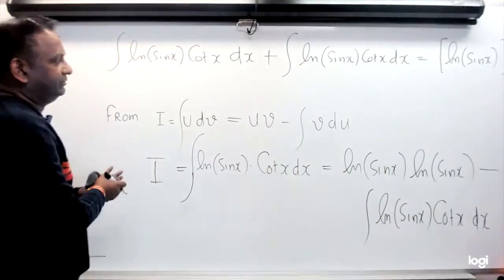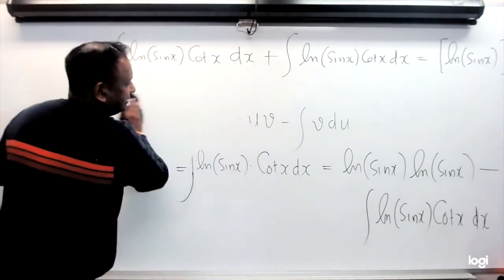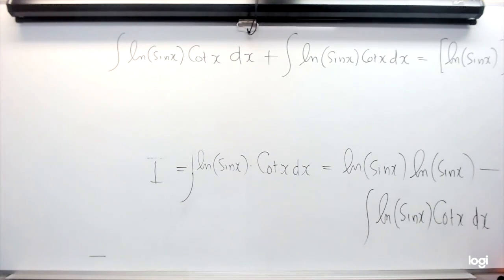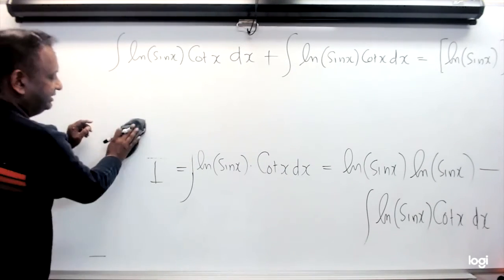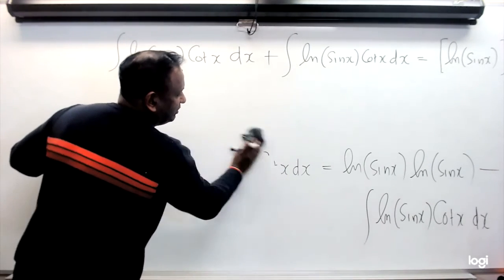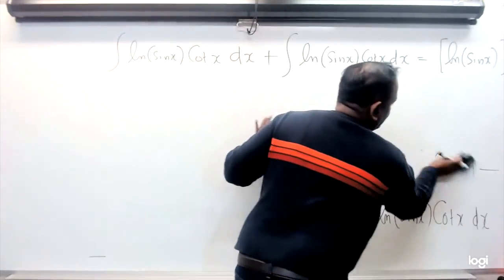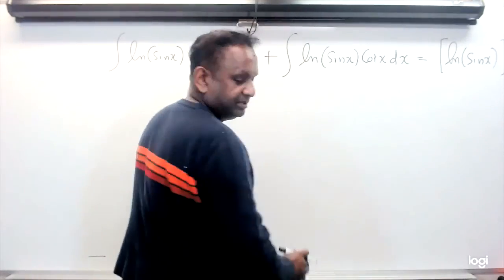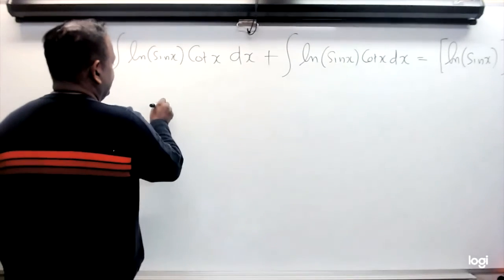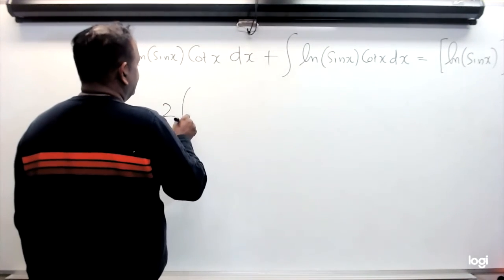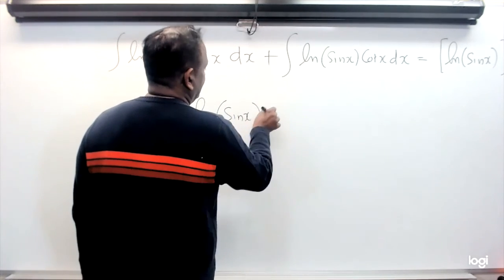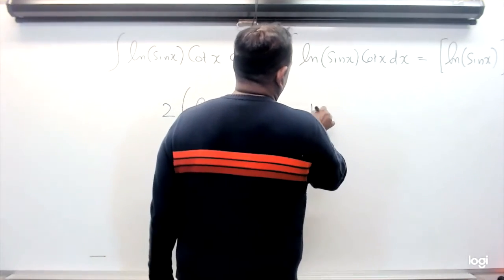Look at what happened. Then you combine these two and say you have two of them. Two integral ln sine x cot x dx.